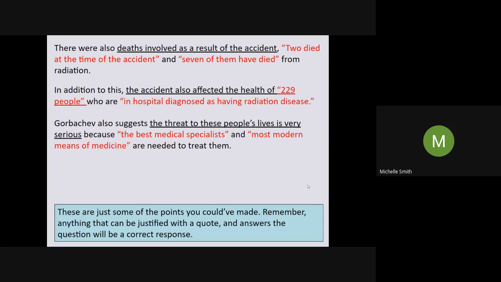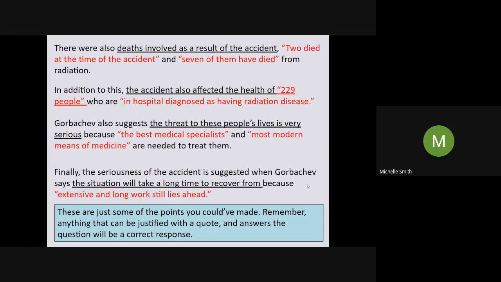And finally then, the seriousness of the accident is suggested when Gorbachev says the situation will take a long time to recover from, because he says extensive and long work still lies ahead. Now, if this wasn't serious, it would be able to be over and done with within a couple of days, maybe the same day.